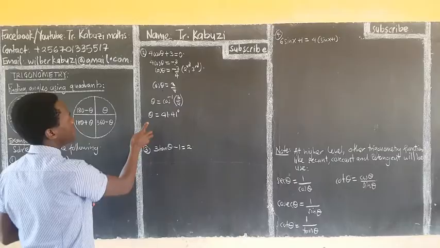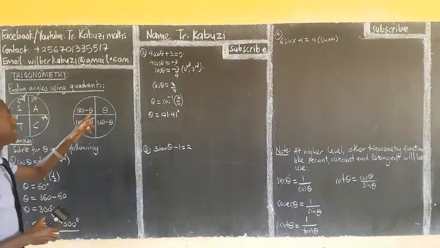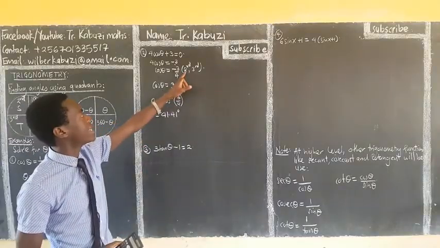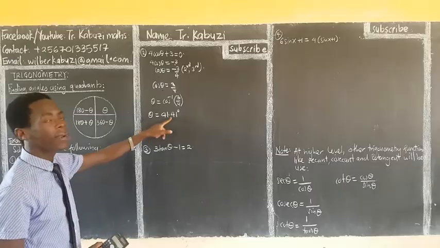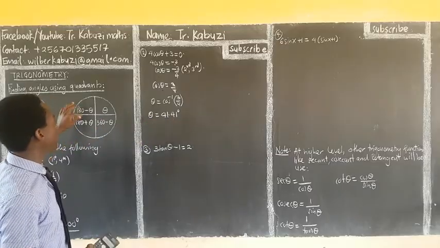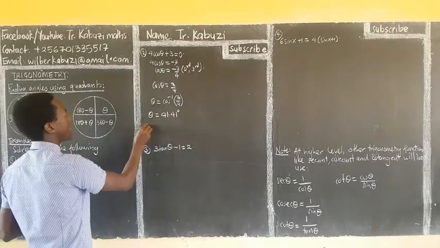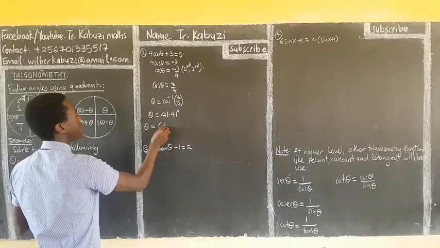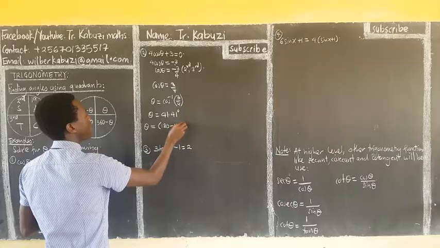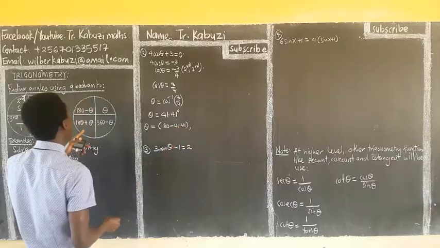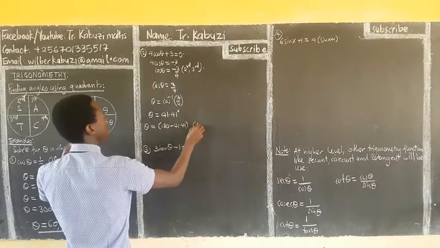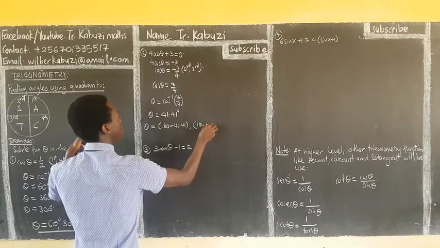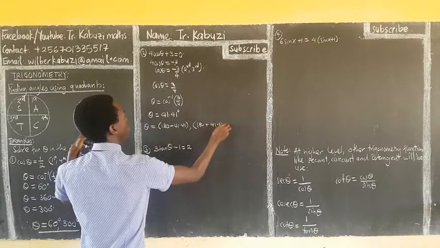But now, remember this one is in the first quadrant. The answers I want are in the second and the third. So I use this one to get the ones I want. My theta is going to be the one in the second, which is 180 minus 41.41, and then the one in the third, which is 180 plus 41.41.